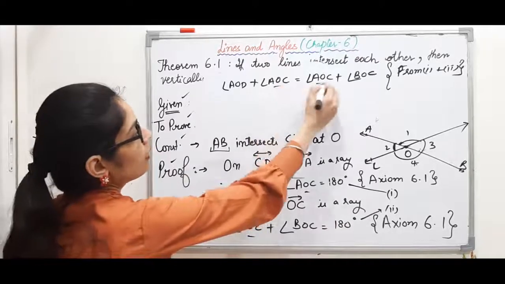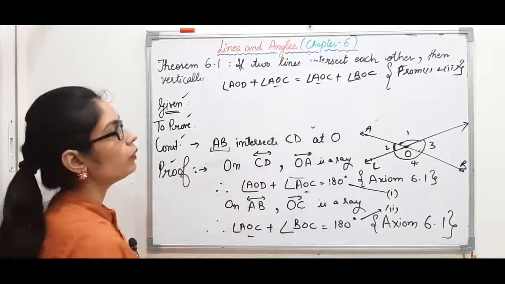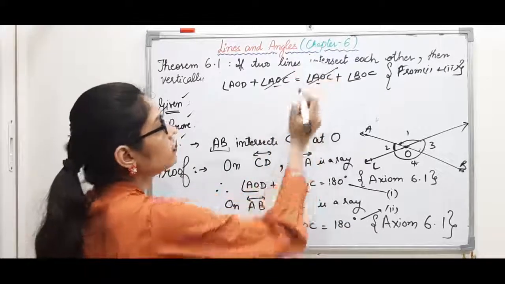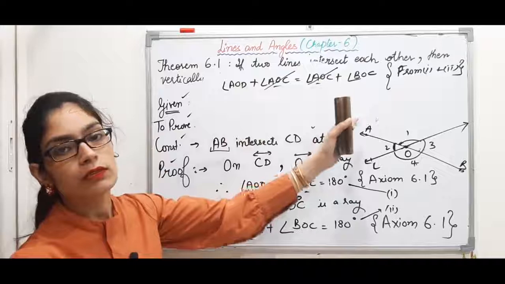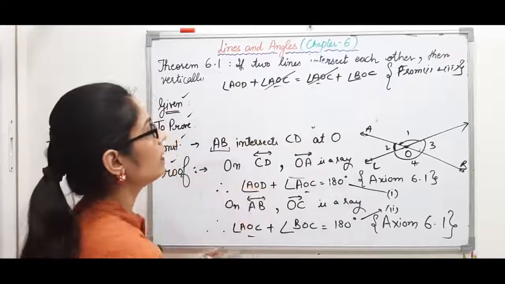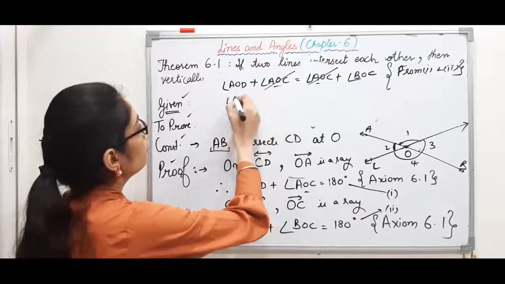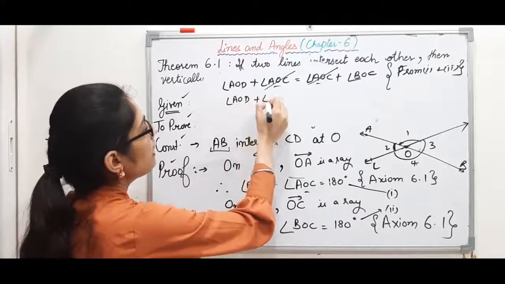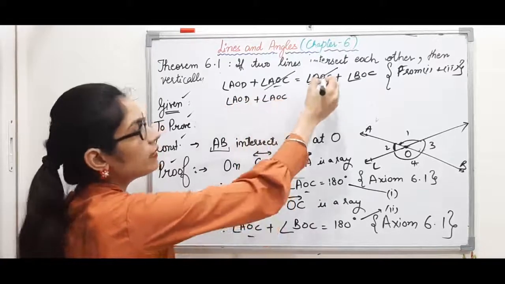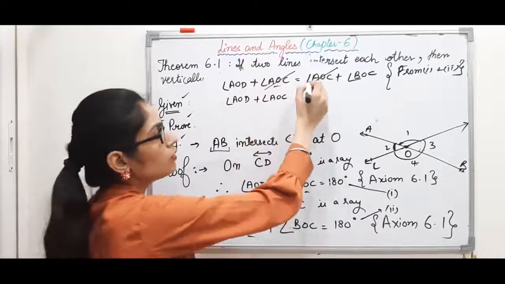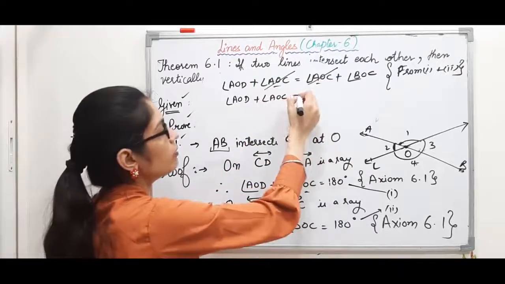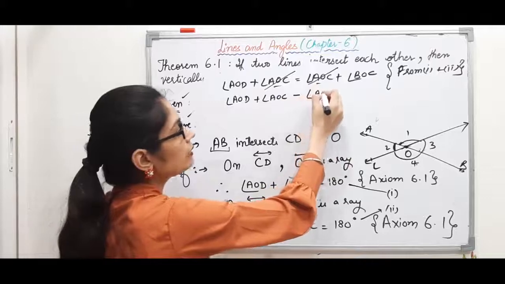Now AOC is present in both, so we can cancel. Same terms on equal sides of the equation we can cancel directly, because if you change the side also, see. I'll do here AOD plus angle AOC. Let's bring this AOC to this side. So this is plus AOC; if I shift it to this side, it will change to minus AOC.